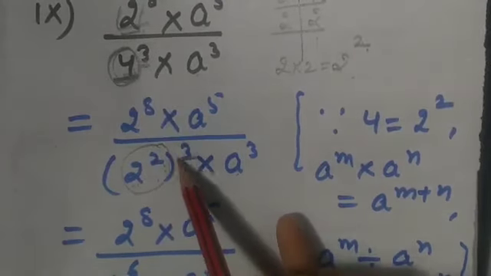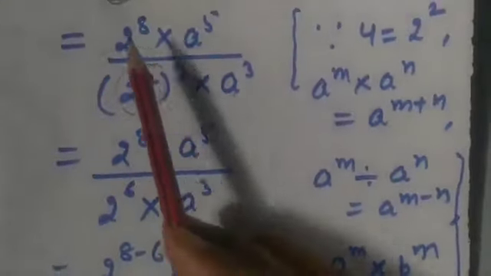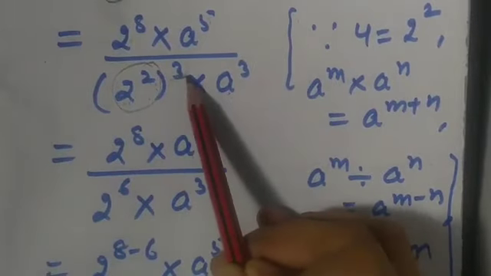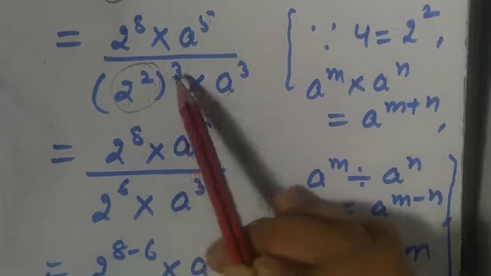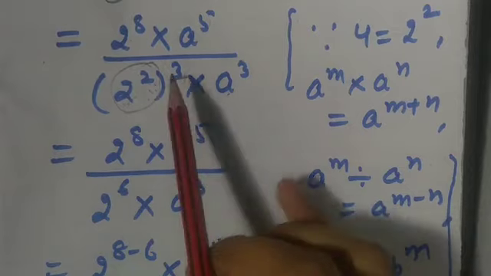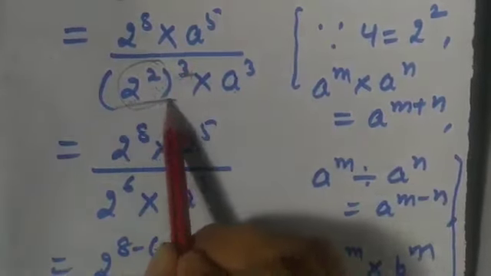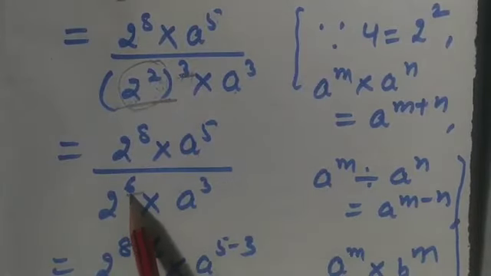Now next step, 2 raised to the power 8 into a raised to the power 5. Now power to the power: whenever we have power to the power, we solve that first. Power to the power means powers get multiplied. So it will be written as 2 raised to the power 2 into 3, which is 6.